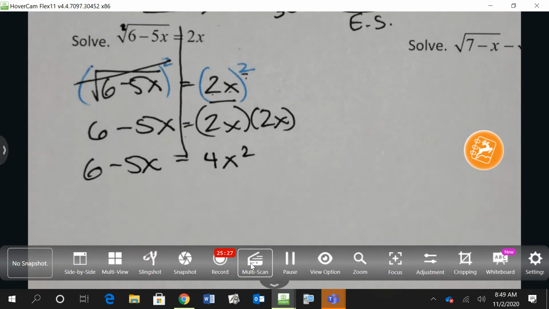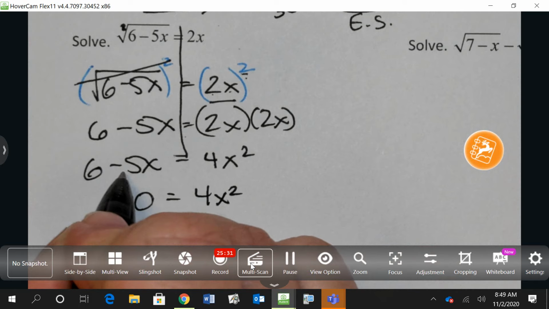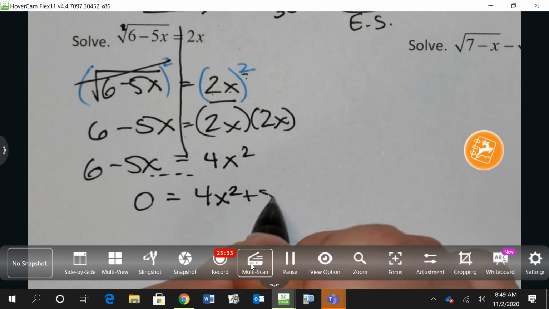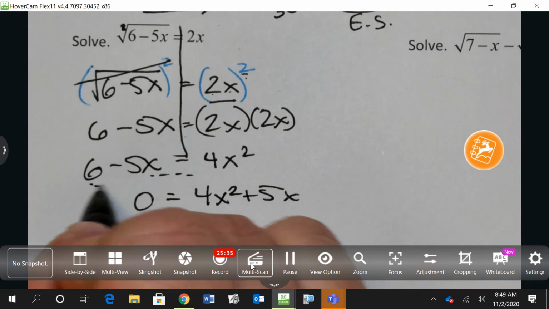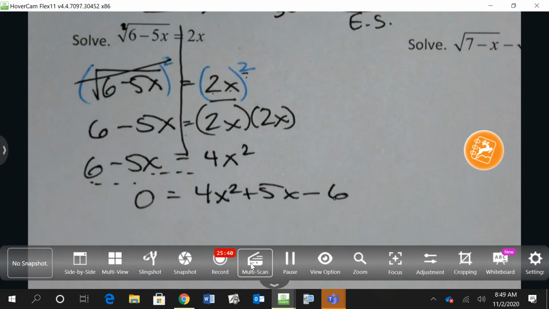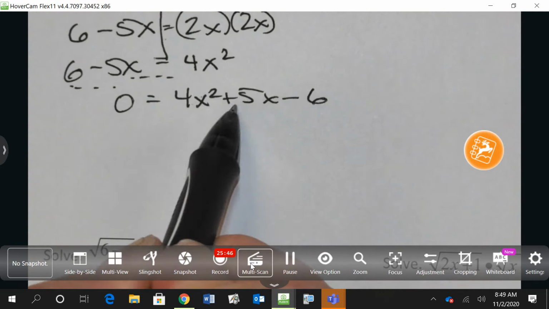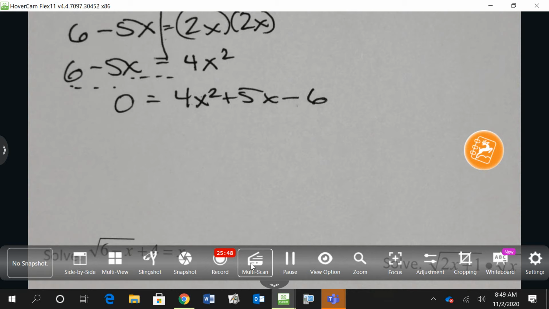Now I'm going to move everything to the side that has an x squared, just my preference. When the negative 5x moves across, it becomes positive. And when the positive 6 moves across, it becomes negative. Remember, we've learned this year that when we have quadratic equations, we can solve by factoring sometimes, and when we can, it's a lot easier.